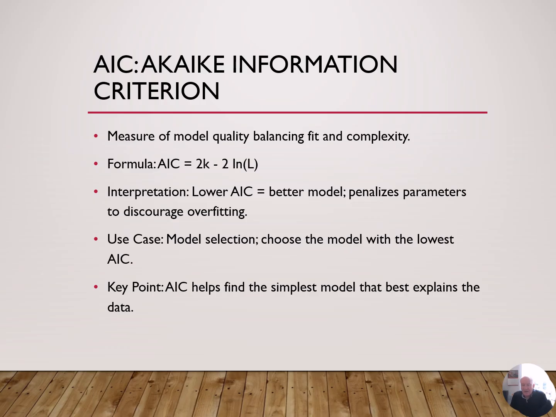The use case is model selection, so we choose the model with the lowest AIC. The key point is that AIC helps find the simplest model that best explains the data.